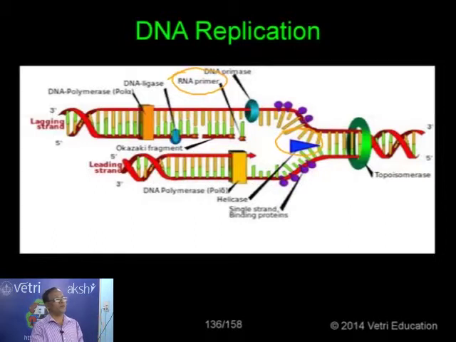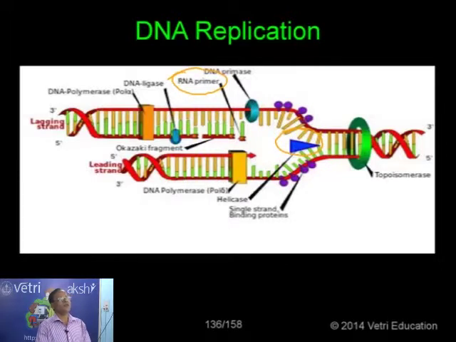To begin with, we have formed only the broken segments. We'll see later one by one. So this is the one which breaks the hydrogen bonding between the two strands, maintaining separate strands. Then the DNA polymerase is the enzyme responsible for the elongation process.